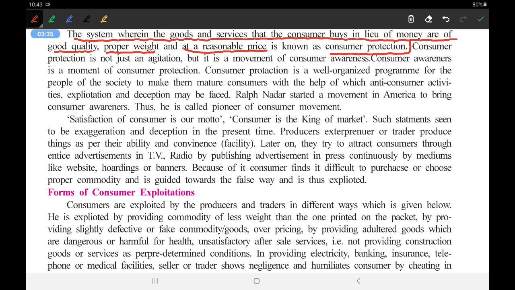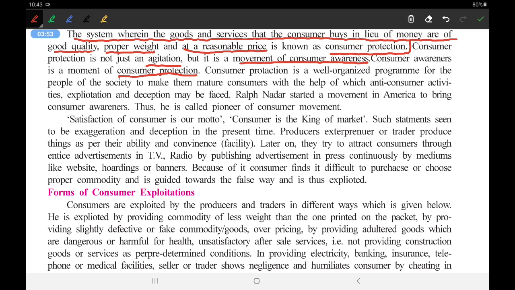Consumer protection is not an agitation, it is not a revolt, but it is a movement of consumer awareness, a movement to make consumers aware about their rights. Consumer awareness is a movement of consumer protection, so it is a way of protecting the consumers.